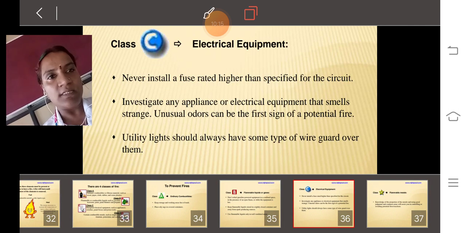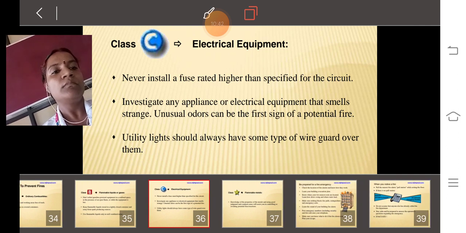And the third one, class C. It is nothing but electrical equipment. To prevent these electrical equipments from fire, we should never install a fuse rated higher than specified for the circuit. This is number one. And number two, utility lights should always have some type of wire guard over them.